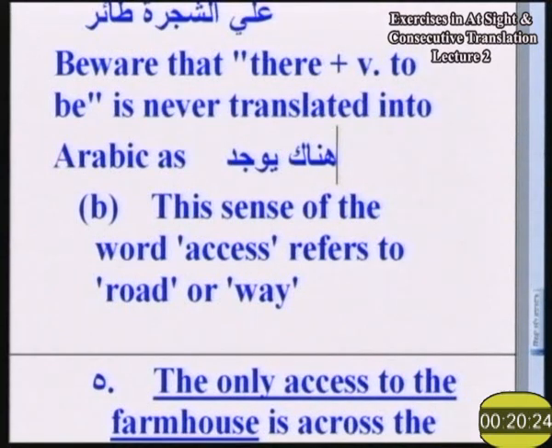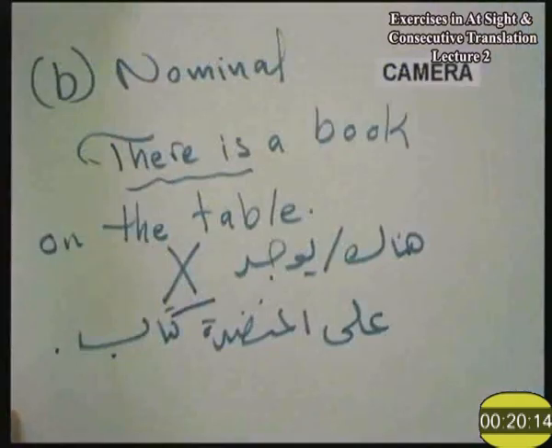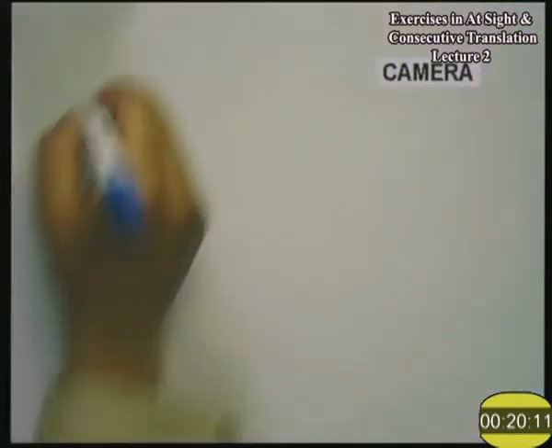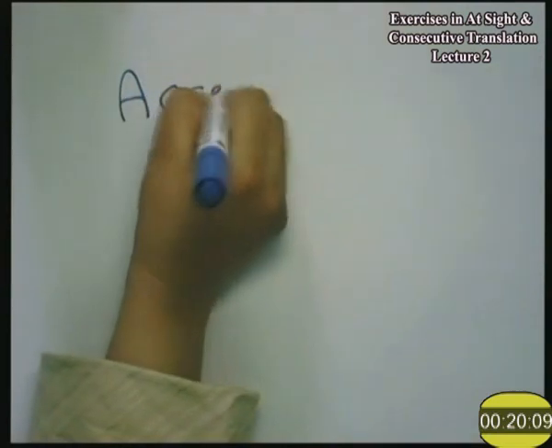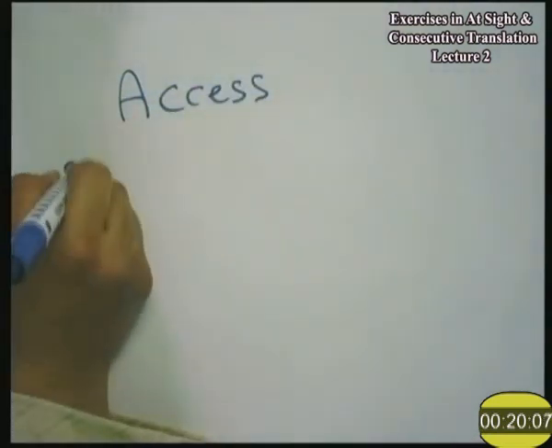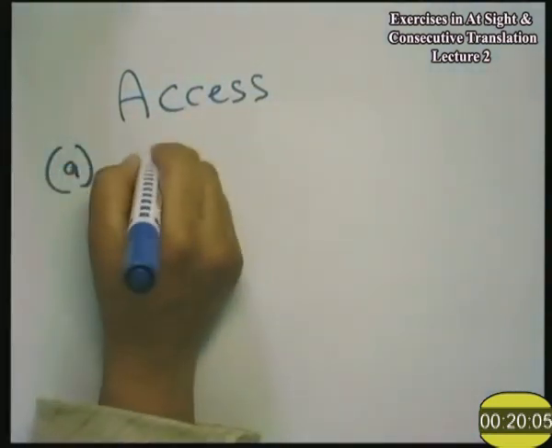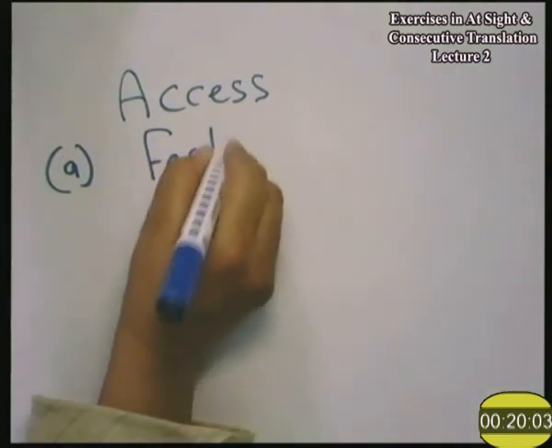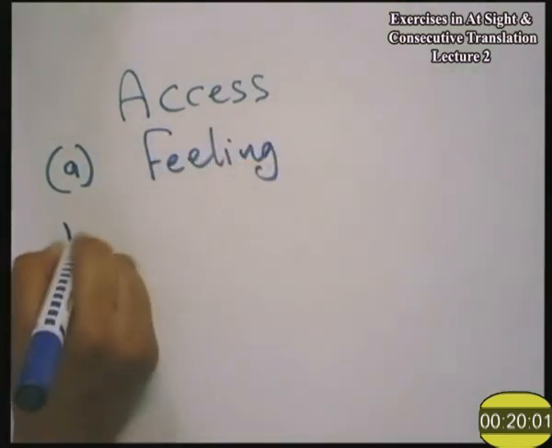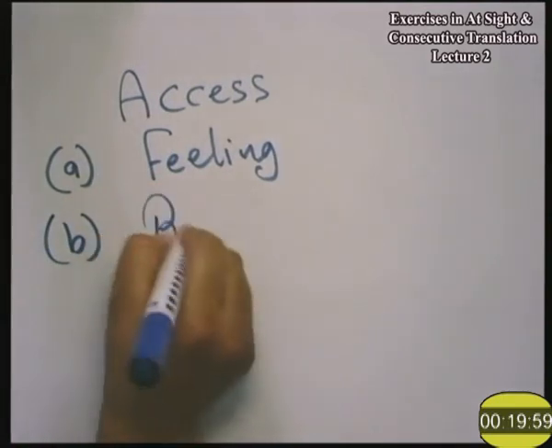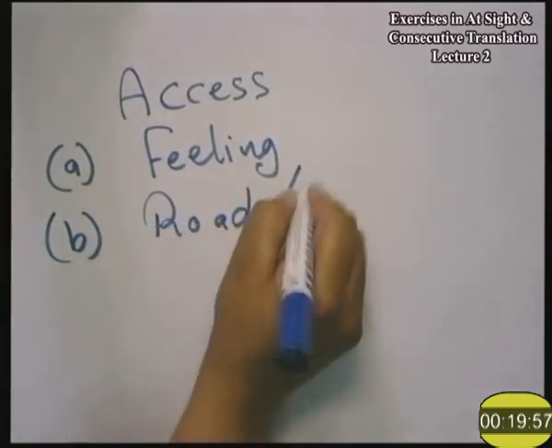Okay. طيب. Let's have a look at this part which is another meaning for the sense of the word access, which is road or way. So the word access, meaning or sense number A, which is a feeling. B, road or way.